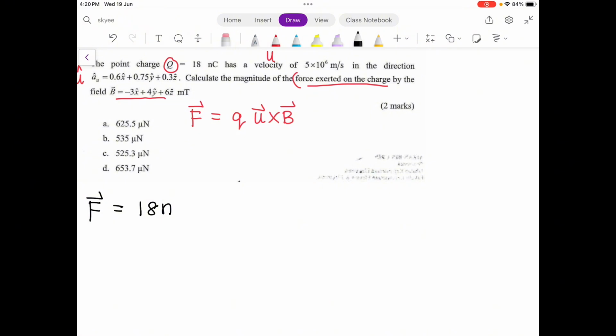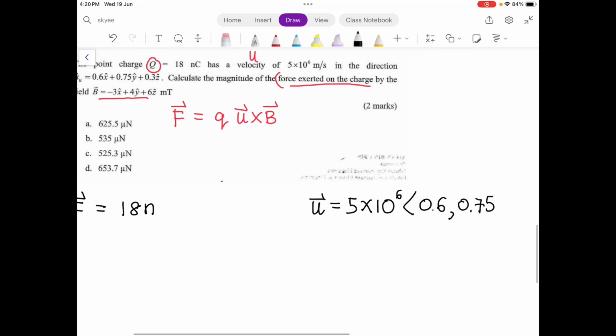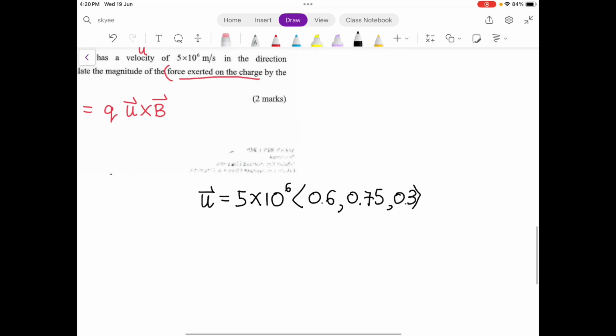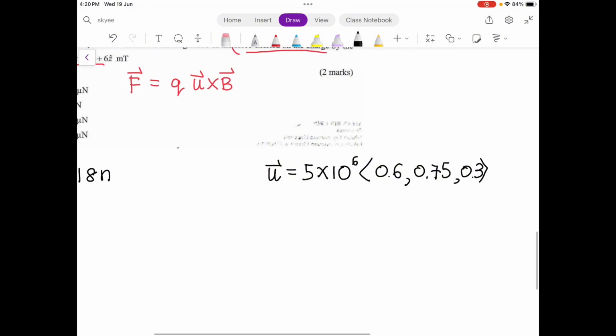Your U will be equal to 5 times 10 power 6, this is the magnitude, multiplied by this vector 0.6, 0.75, and 0.3. So this one will be your U.